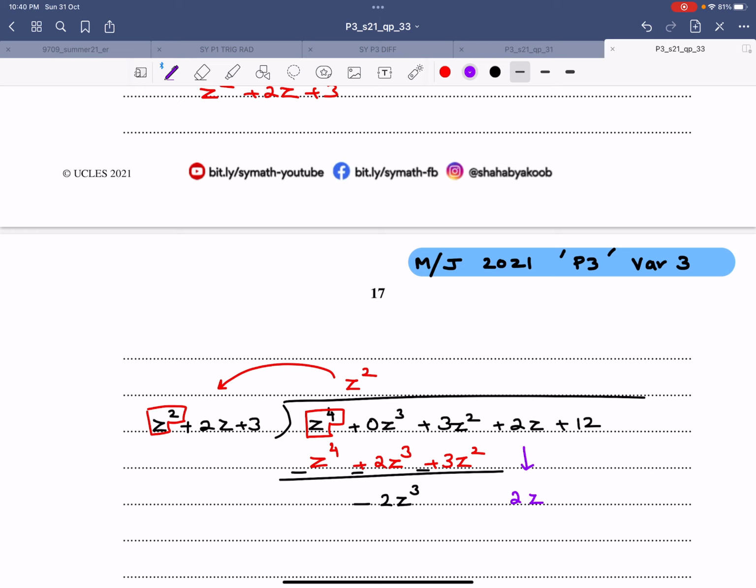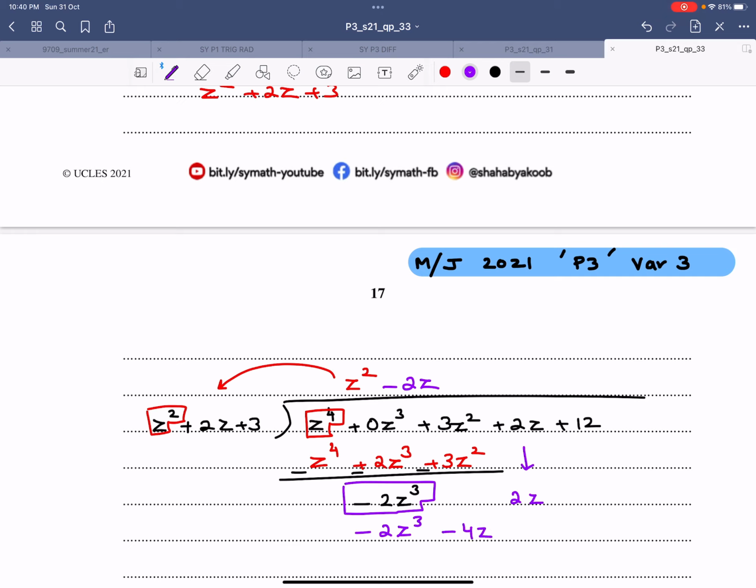So therefore, let me first think of it. So this is minus 2z cube. Let me make a proper box. Minus 2z cube divided by z square, that is minus 2z. So therefore, this is minus 2z cube, and minus 2z into 2z, that is negative 4z square.